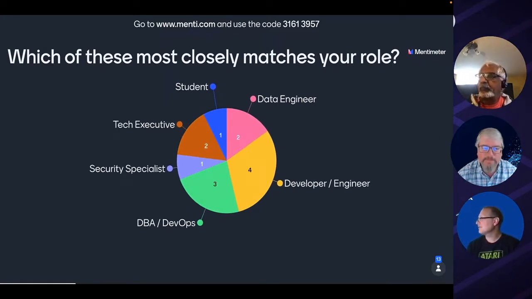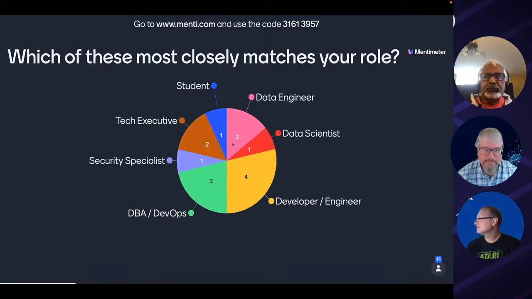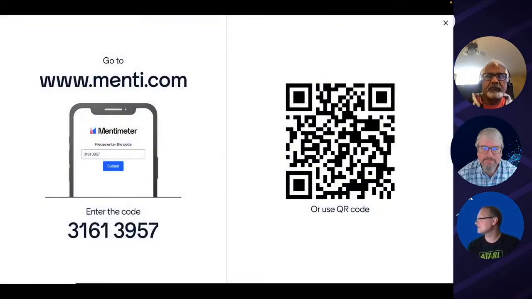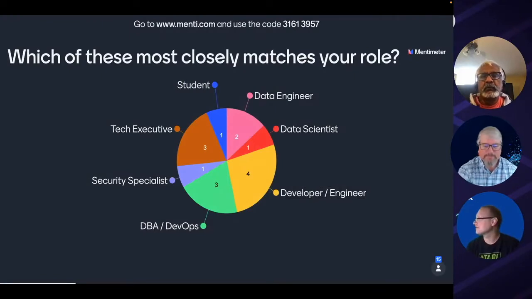Oh, we have a couple data engineers. Good share of developers, engineers, DBAs, and DevOps specialists. That's a plus. Two tech executives. Oh, and a data scientist. There we go. Security specialist. And a student. We've got a nice range of folks in this one for sure.